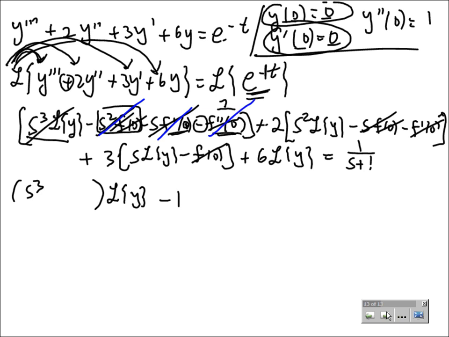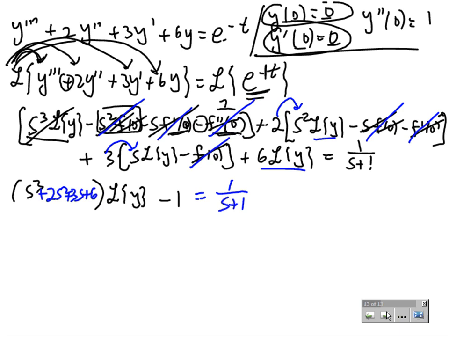And here we have 2s squared L of y's, so plus 2s squared. And this is gone and this is gone. And now we have plus 3s L of y's. This is gone. Plus 6 L of y's. And this is equal to 1 over s plus 1.